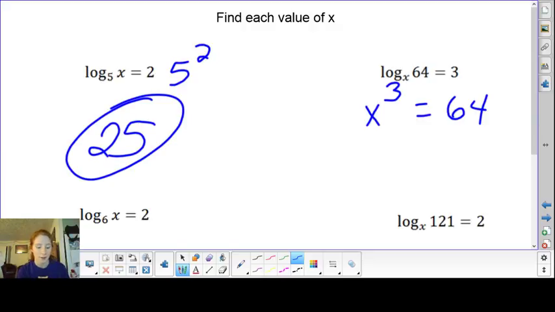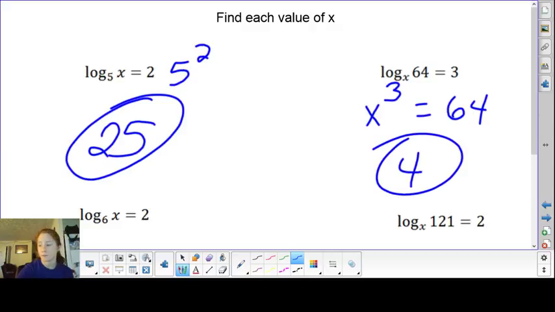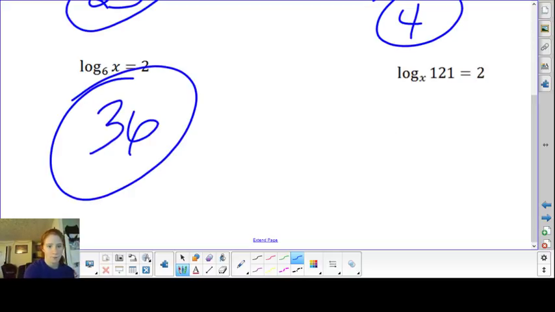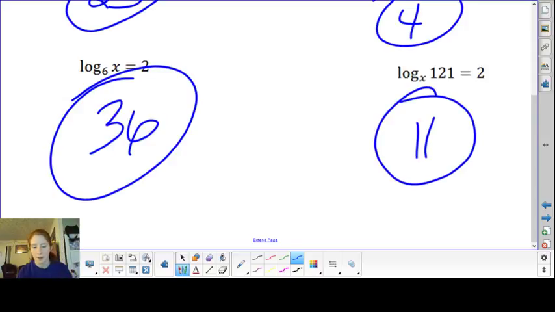And we know how to do that in our calculators. When I take the cube root of 64, what do I get? Excellent, 4. Try these next two. I want to see what you guys come up with. Hope we got 36 and 11.